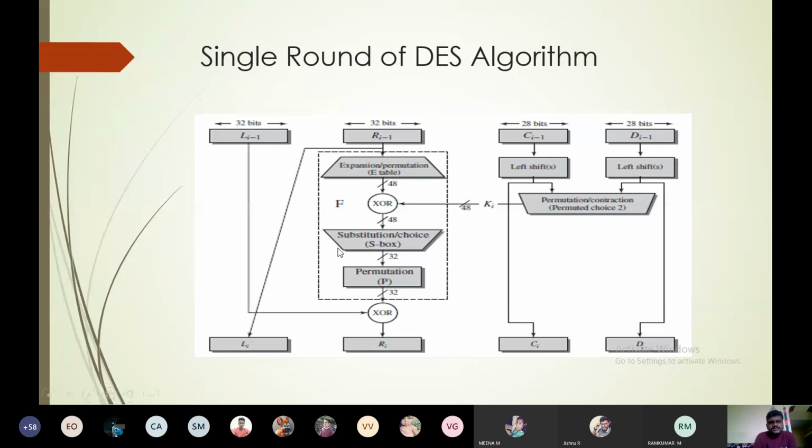From the substitution box, the output is 32 bits. Here the 48 bits is the input for the S-box, but the output is 32 bits. Where the remaining bits go, we will see later, so just keep it in mind.